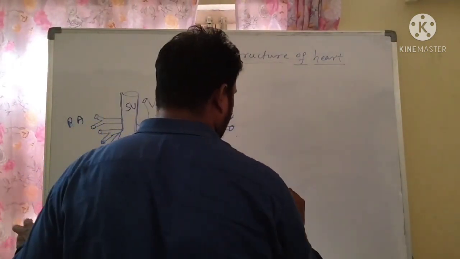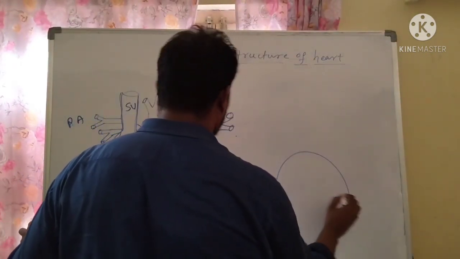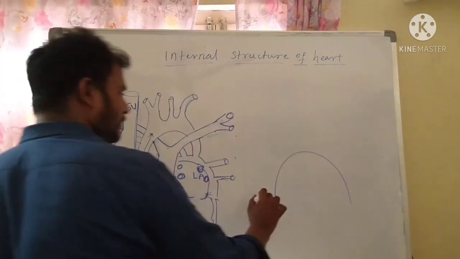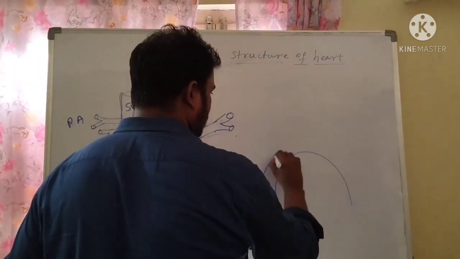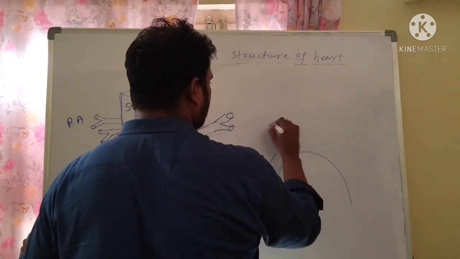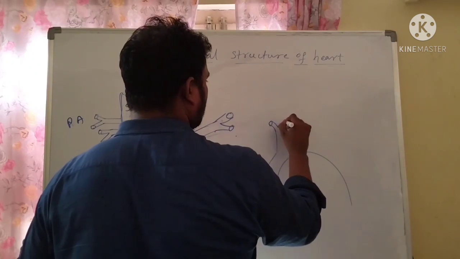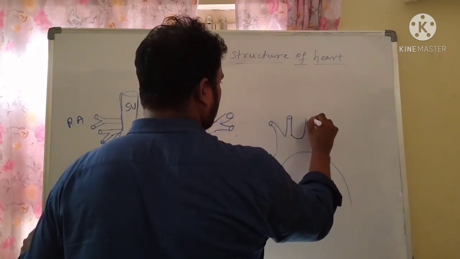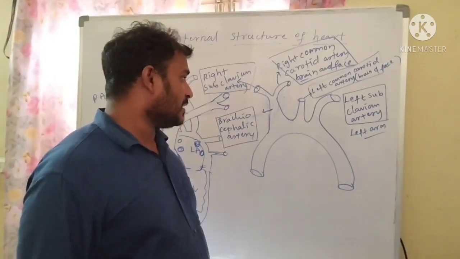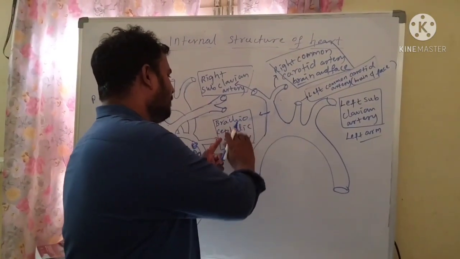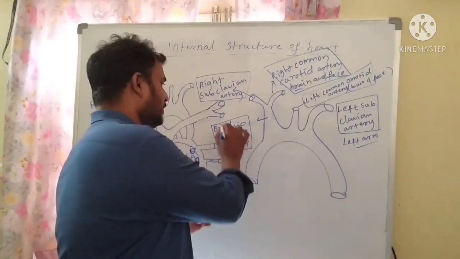This is the aorta, with its curved shape. This is one blood vessel. Three blood vessels arise. The first one is the brachiocephalic artery.